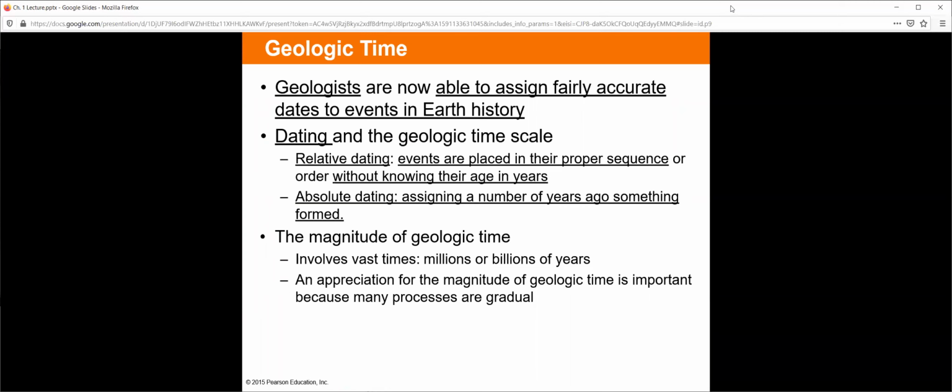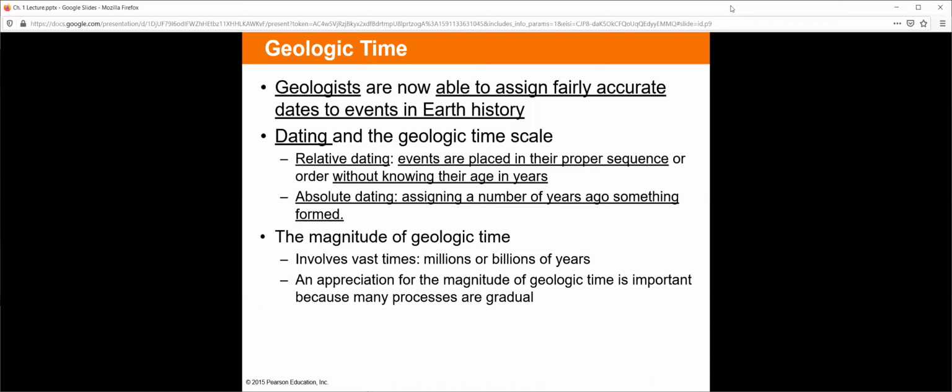All right, so geologists are able to assign fairly accurate dates to events in Earth's history, i.e. how old something is. If you look at a rock or a piece of geology, you can date it via arguably two different methods: relative and absolute dating. Relative dating is when events are placed in a proper sequence or order without knowing the ages in years.